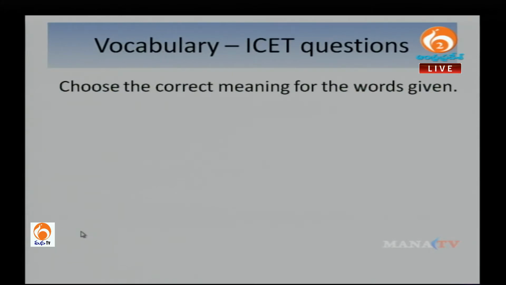Okay, so this is how they will ask you the question. It comes up with a statement saying choose the correct meaning for the words given, and below that you will have numerous options that you have to select to say that this is the suitable meaning for the word that is given as a question. So there will be only a word, there will not be any more detail over there.